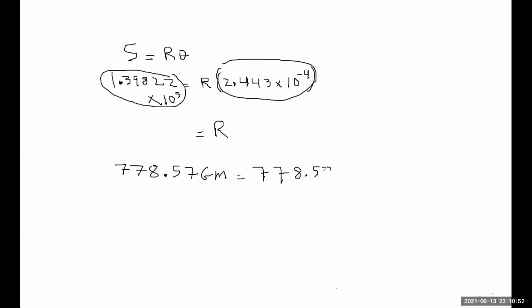Giga means 10 to the 9th, right? 10 to the 9th meters. What was the result we got when we did it on the calculator? We got 5.723 times 10 to the 8 kilometers.